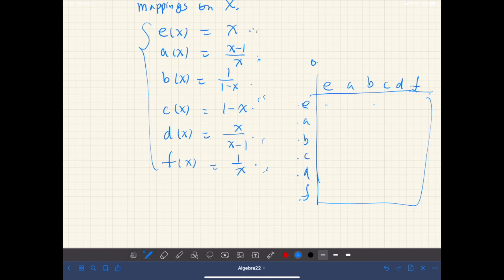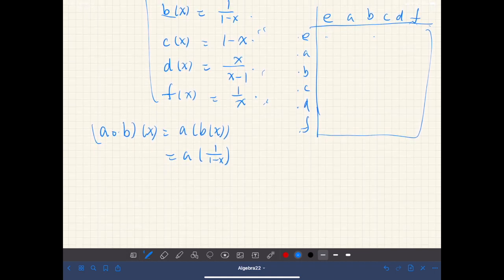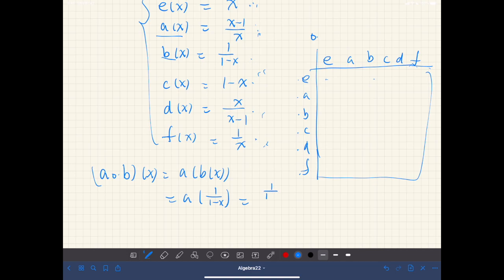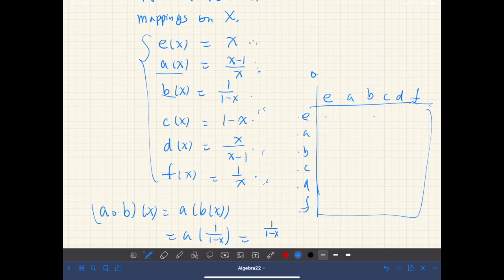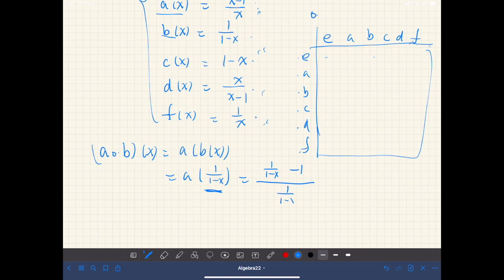Okay, let's try one example. So let's compose a and b. So a after b is this, a of b of x, right? So b of x is 1 over 1 minus x. And if you apply this to a, and a is x minus 1 over x, so in this case, x is replaced with 1 over 1 minus x. So minus 1 over this argument.